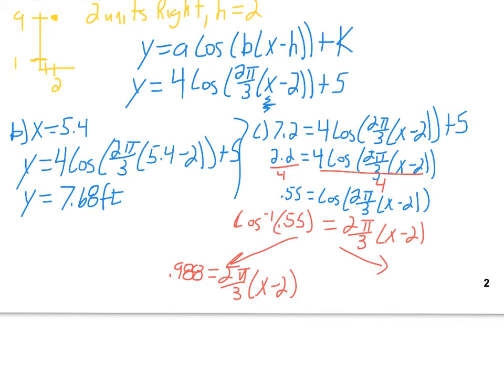We drew the unit circle in that work from yesterday. I have 0.55, and here is x being 0.55.